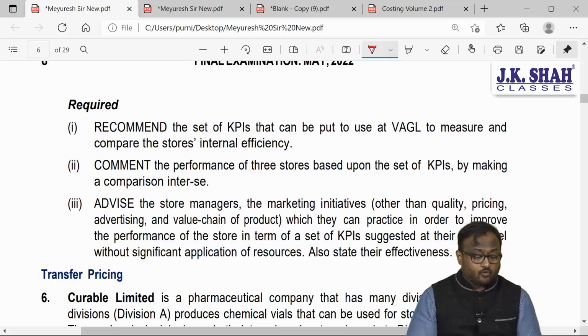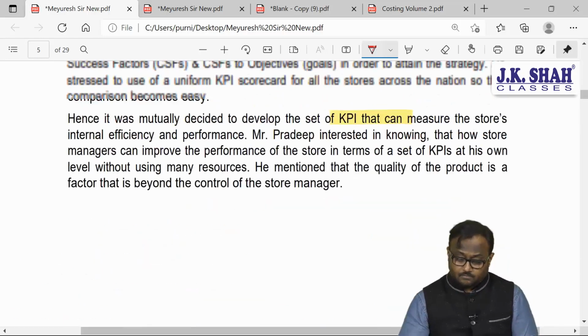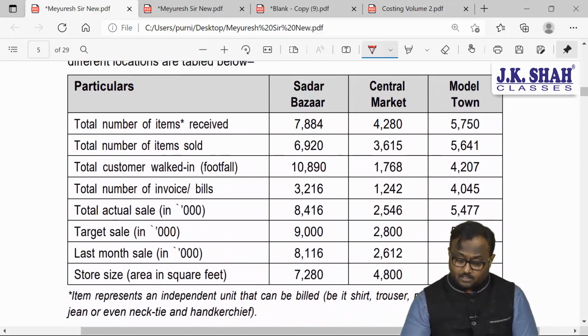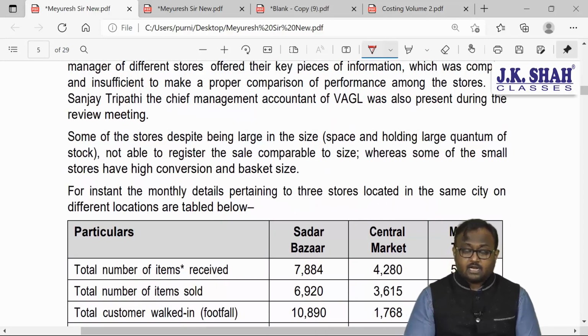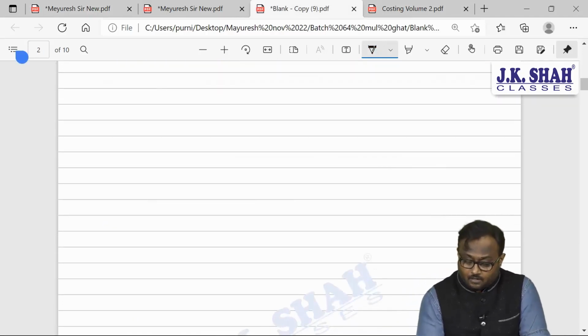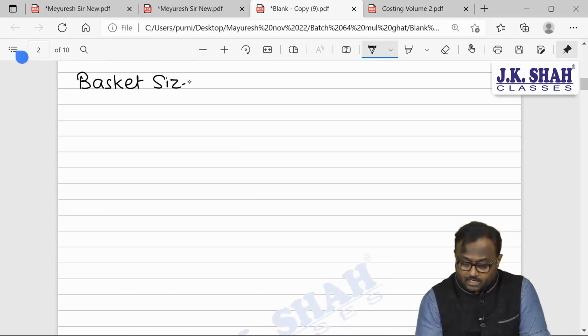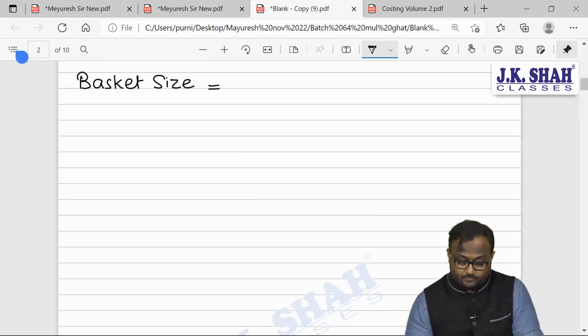Okay, we need to understand a few things here. Basket size I explained to you, the number of units purchased by the customer at a time. They are asking for KPIs. See, as I told you, basket size can be one of the measures.